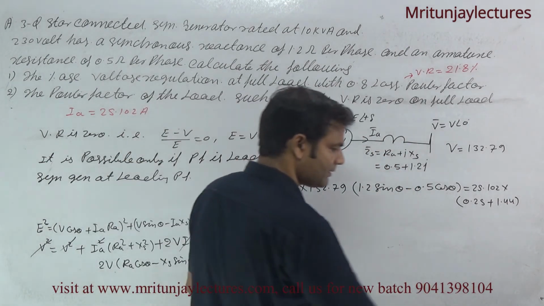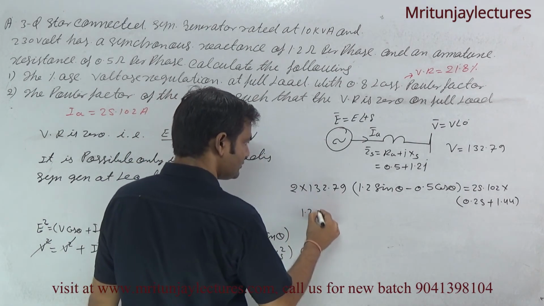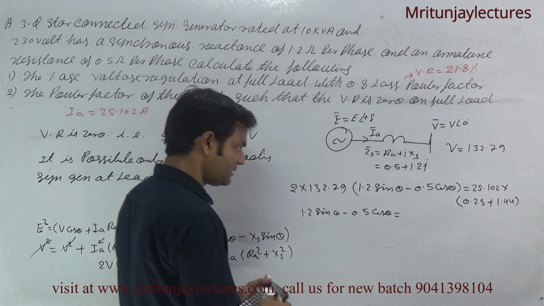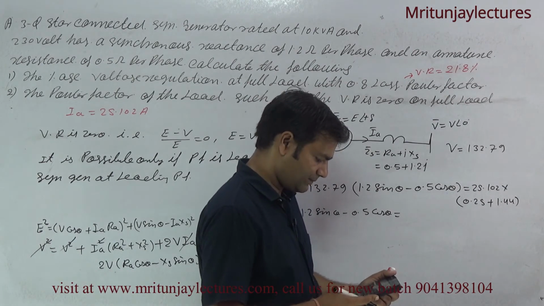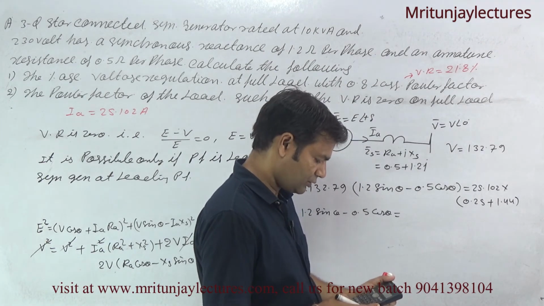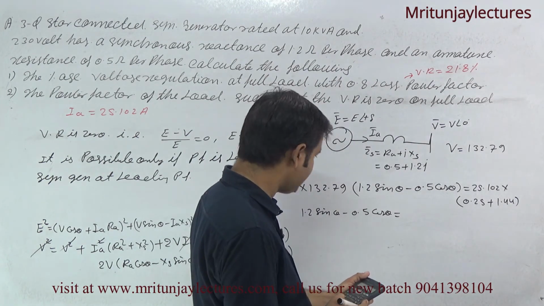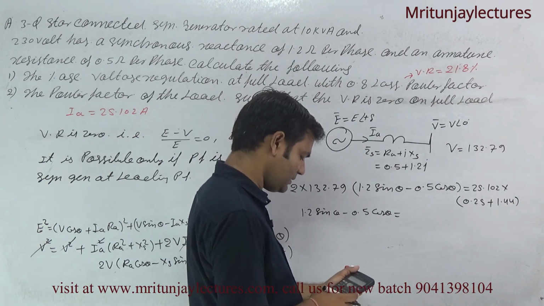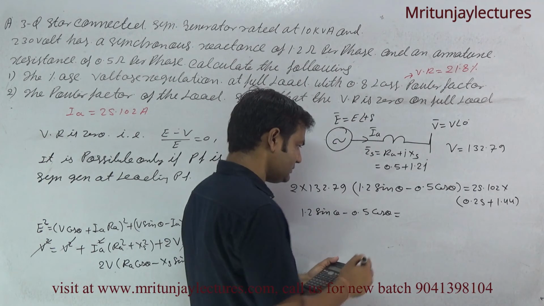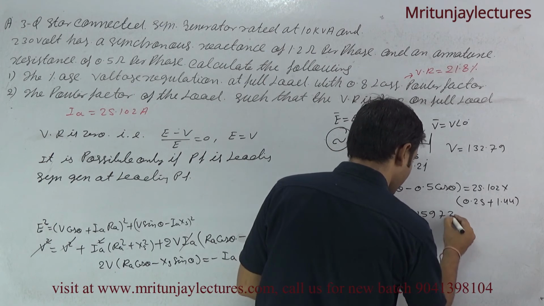Okay, now resolve it. 1.2 sin theta minus 0.5 cos theta equals (0.25 plus 1.44) into 25.102, divided by 2, again divided by 132.79, that is 0.15973.